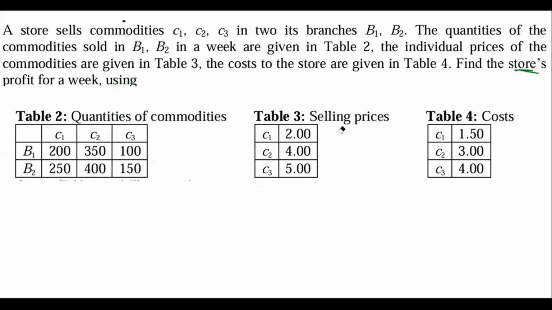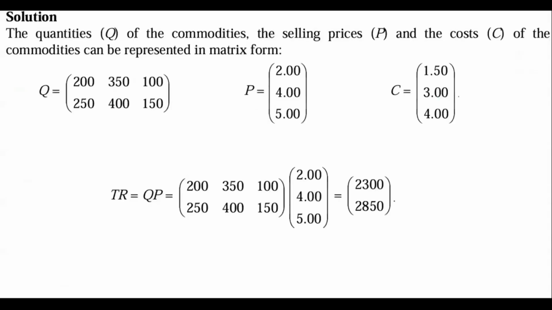Good. So how do we solve this? Well, we have to first come up with the revenue, all that was sold. So you have to multiply all the commodities, the amount of them, by their selling prices, right? That's your first step. So these are commodities, call the matrix Q. These are the prices of them. So we're going to multiply this matrix by this matrix, and we're going to get that, right?